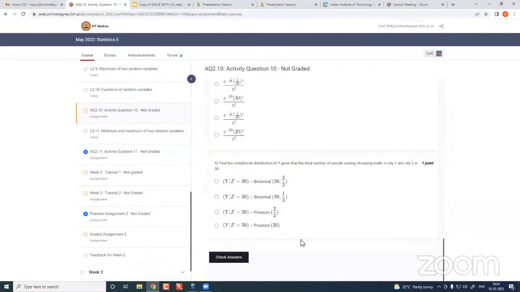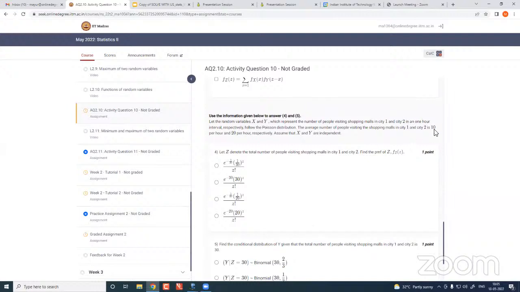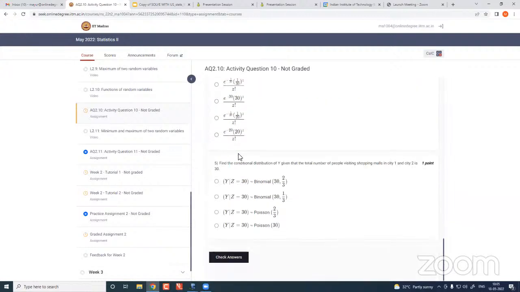The parameter for X is 10, so the average number of people visiting city 1 is 10 and for city 2 is 20. Once you have Z equals 30, what is the probability of Y?